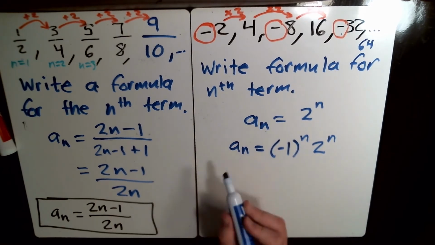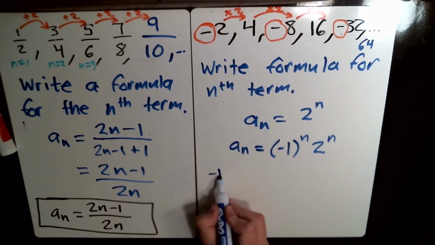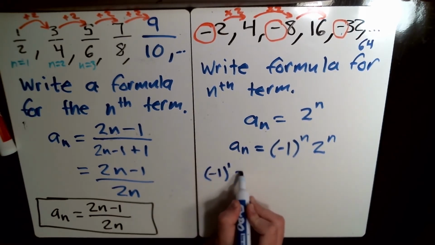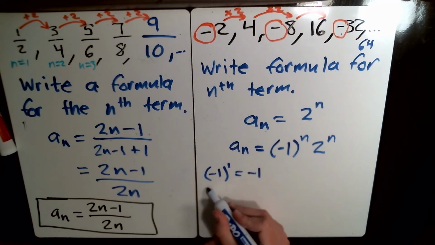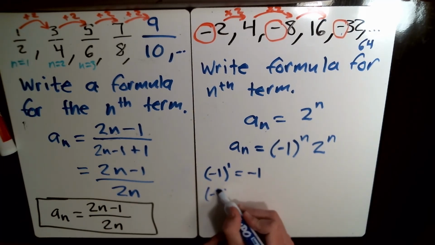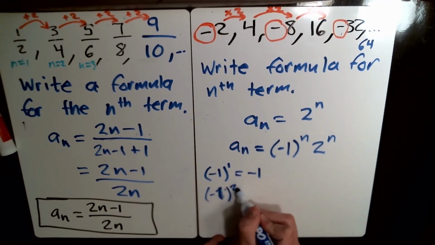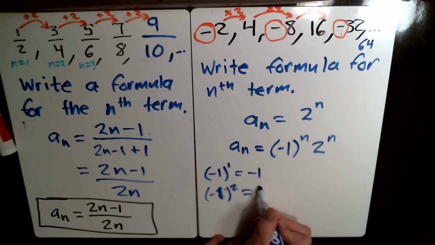Notice what happens when you do -1 to the 1 power. That is -1. What happens when you do -1 to the 2 power? You get +1, right?